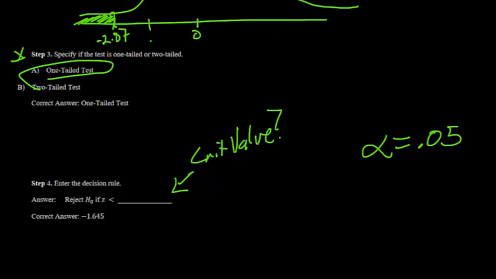My computer seems to be frozen. But at alpha equals 0.05, some of these we just have memorized. I know that at 0.05, the critical value is equal to negative 1.645 for a one-tail test.